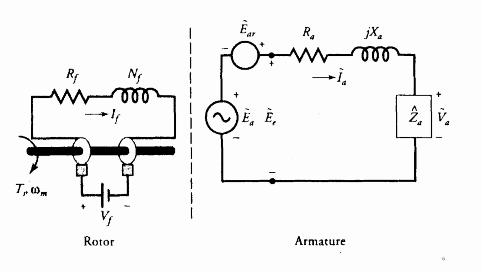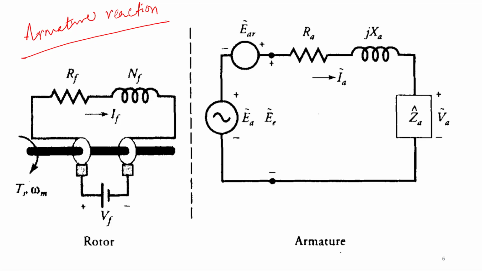So now we can see the equivalent circuit considering the armature reaction. We already considered armature reaction in case of DC generator, right? So here also we are going to consider armature reaction in case of AC generator or synchronous generator. What impact will it have? Armature reaction means it will produce a flux which is opposing the main field.